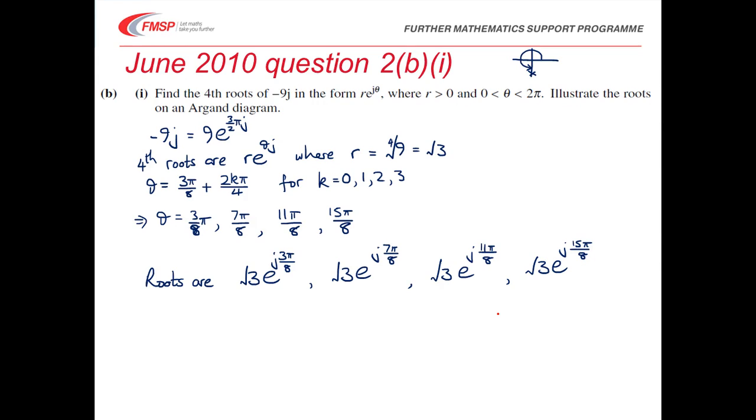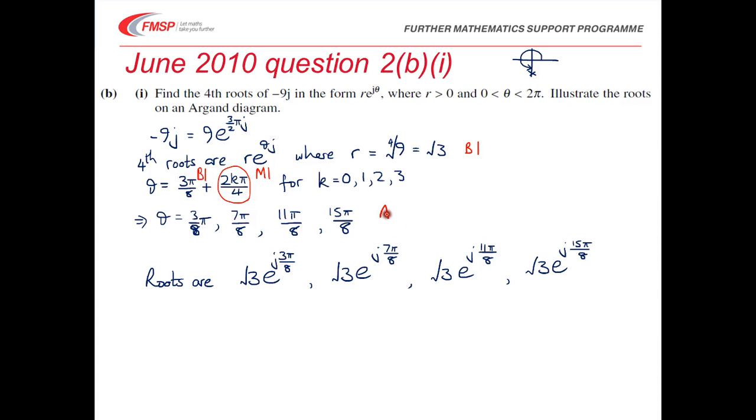For part B, there's a straightforward mark for getting the modulus of the fourth root. There's a mark for getting the argument of the first of those roots. There's a method mark for noting that you need to add this on, and that can be implied by at least 2 correct further values.